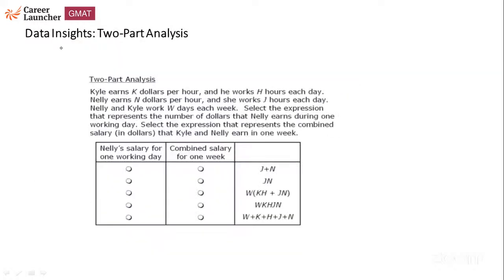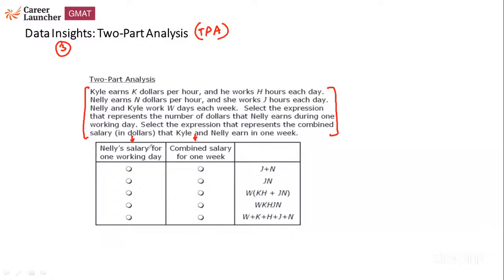Third type of question which comes under data insight is two-part analysis. Here the feature is that you will be getting the information in the form of a paragraph, one or two paragraphs, generally short paragraphs. You have to convert the English to maths, understand, and then solve these two questions here.